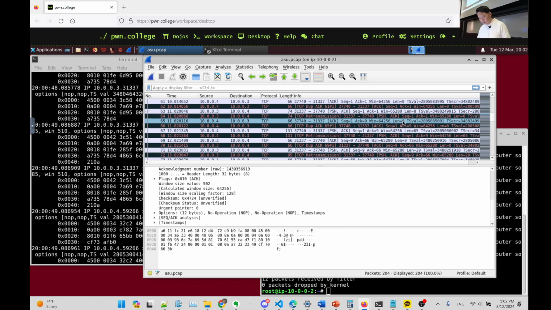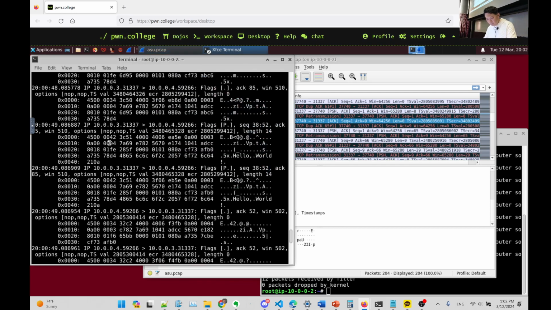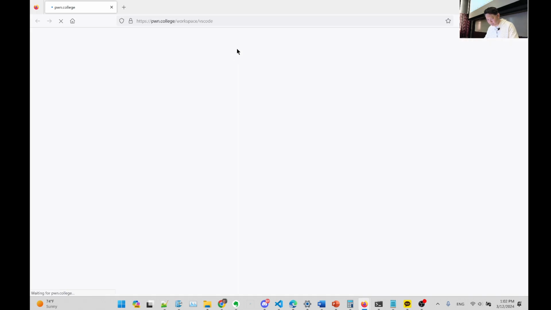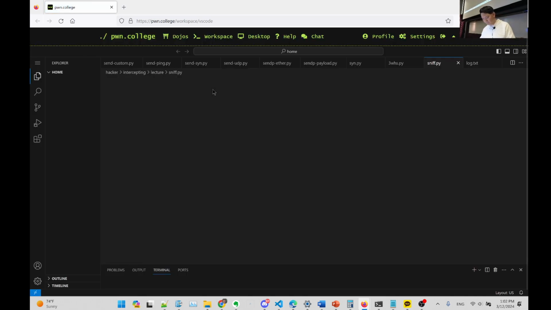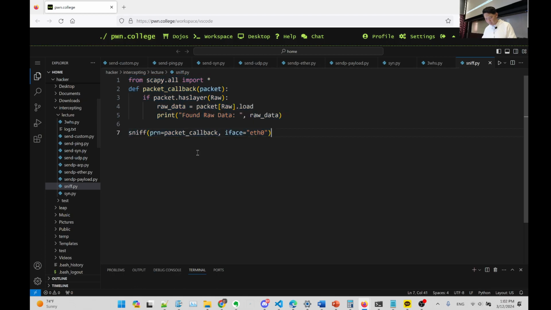So we use some Scapy functions, sniff, and also Python callback functions. I brought some examples.